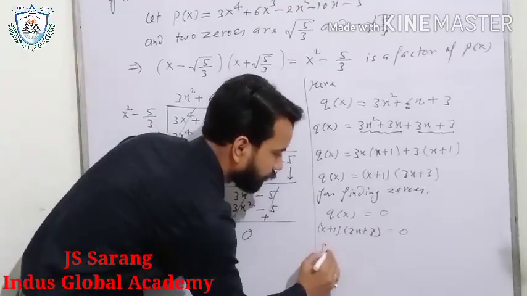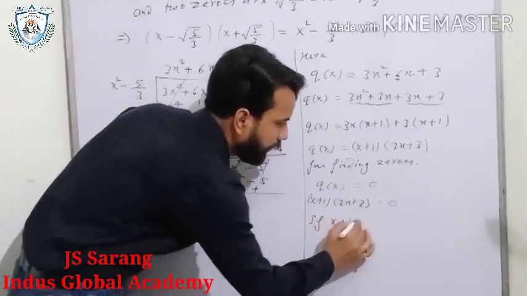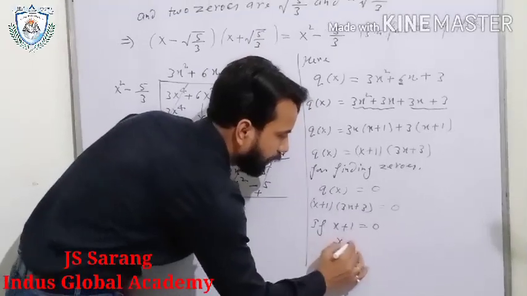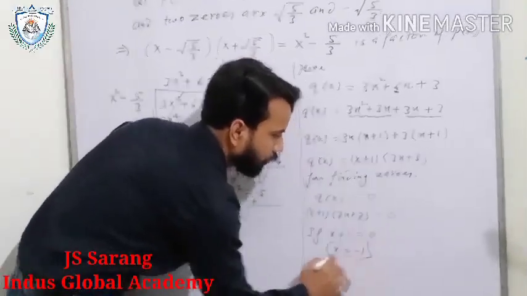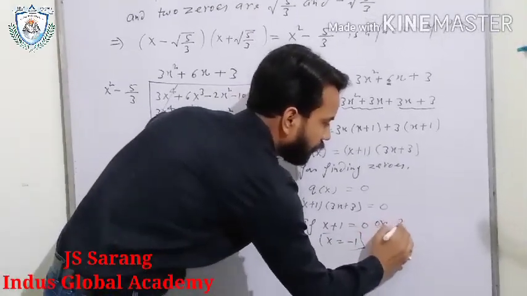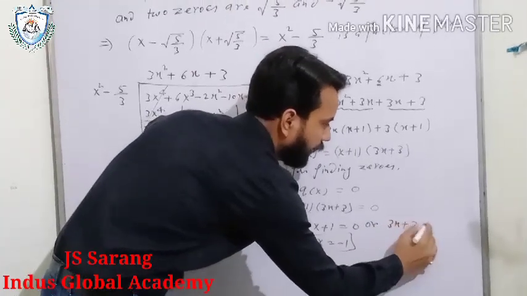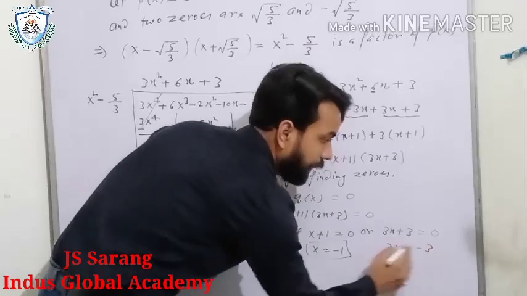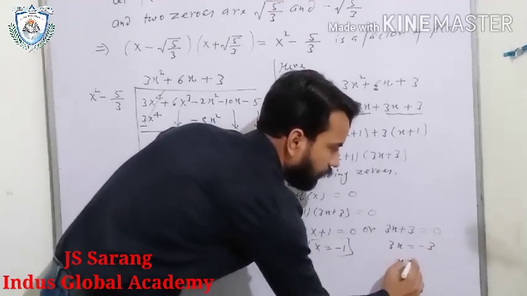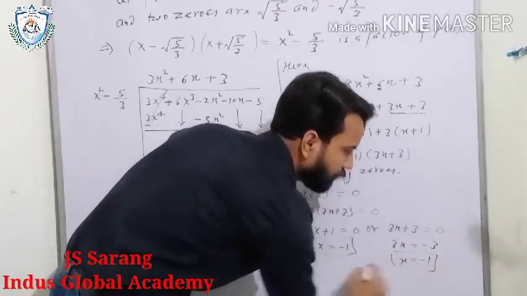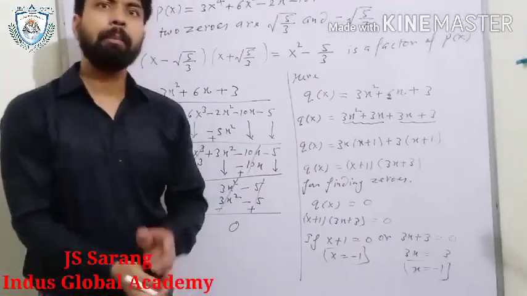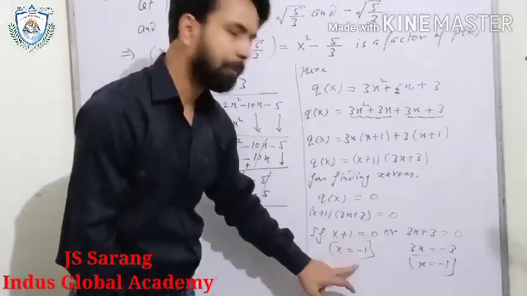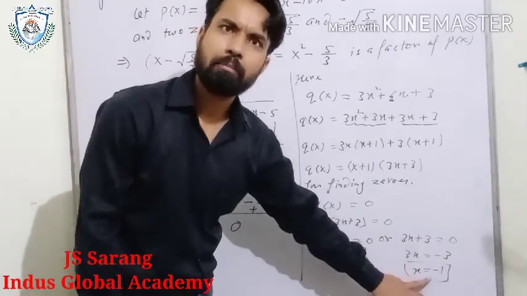If x plus 1 equal to 0, then we will get the value of x as minus 1. Or if 3x plus 3 equal to 0, then 3x equal to minus 3, and 3 and 3 can be cancelled. So again we will get x equal to minus 1. Hence the remaining two zeros are the same. They are minus 1 and minus 1.